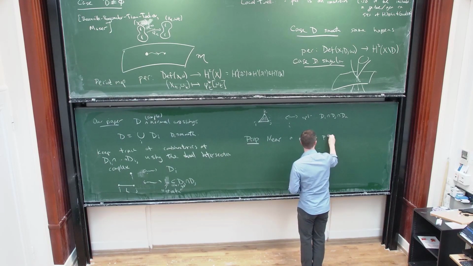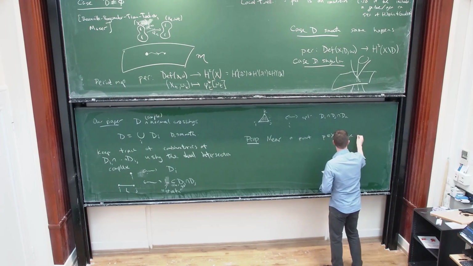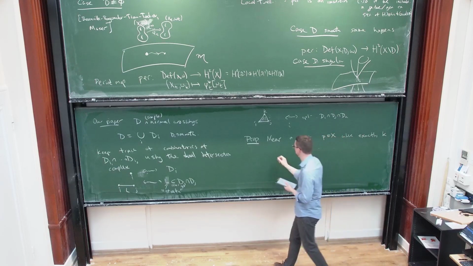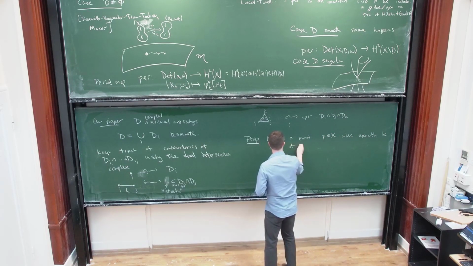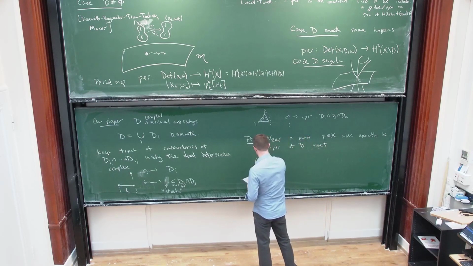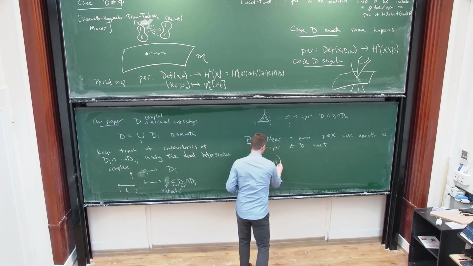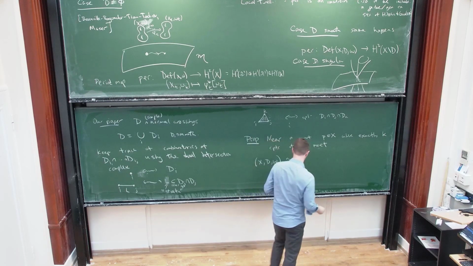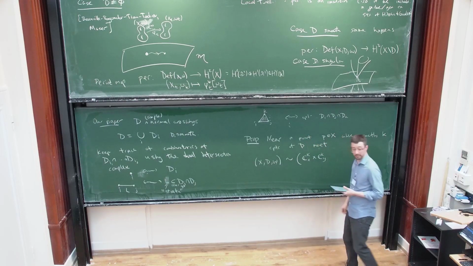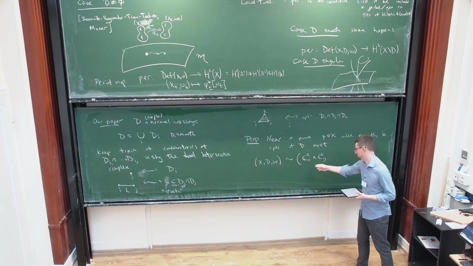So near a point P in X where exactly k components meet, this triple X, D, and omega is equivalent to a much simpler triple, which is a 2k-dimensional affine space with coordinates x and y.